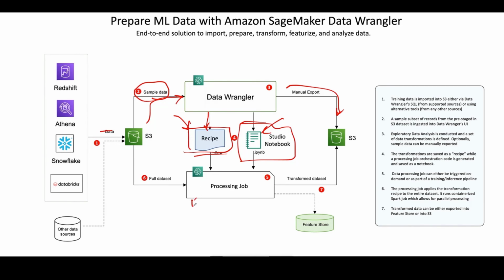And remember that the processing jobs that execute actually can run in a parallel mode, and you can have more than one instance, which does not limit you with regards to data size that you have sitting in your data repository.